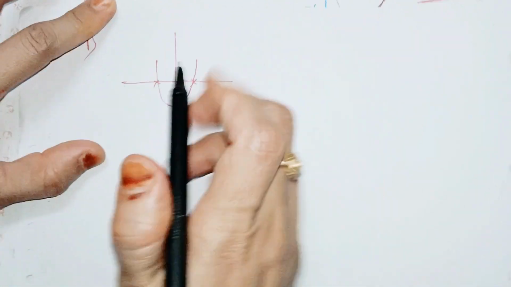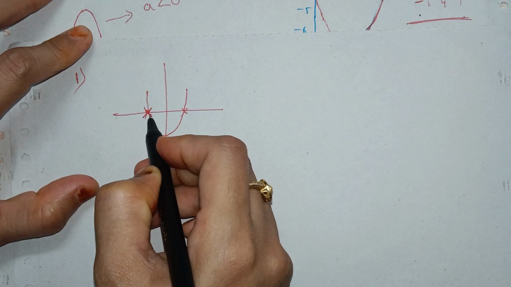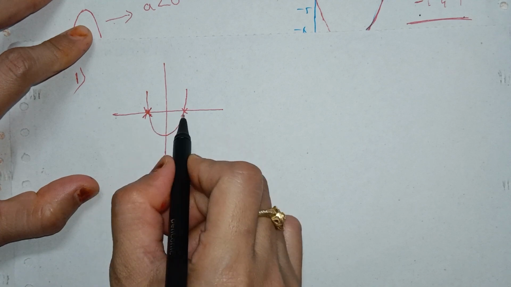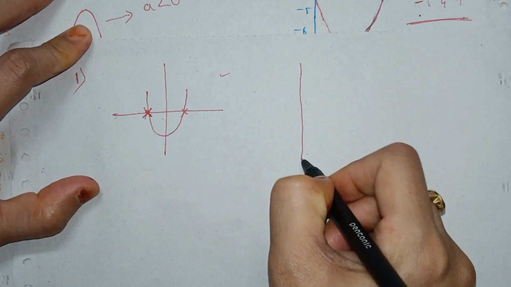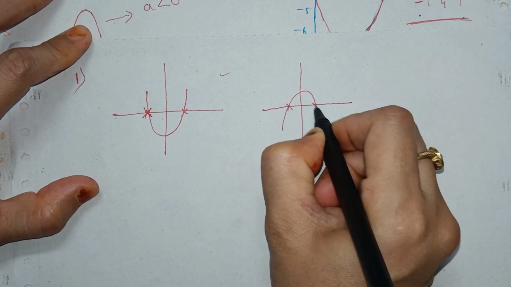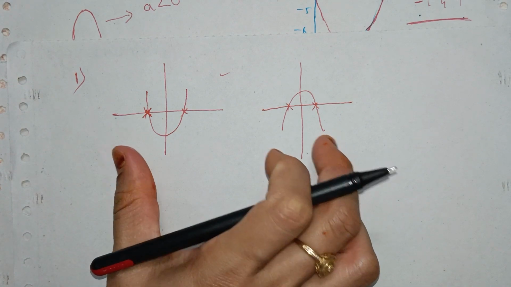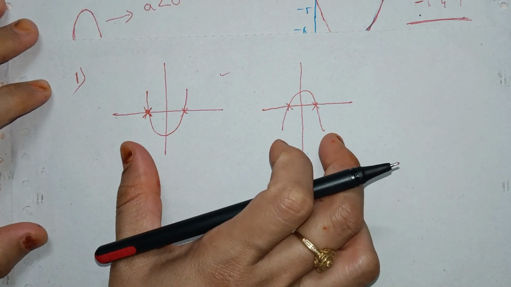For a quadratic polynomial the degree is 2, so we'll get at most 2 zeros. Sometimes you may get the graph like this also, at most 2 points. So these are the at most 2 zeros.